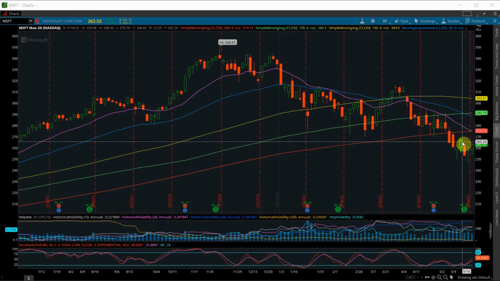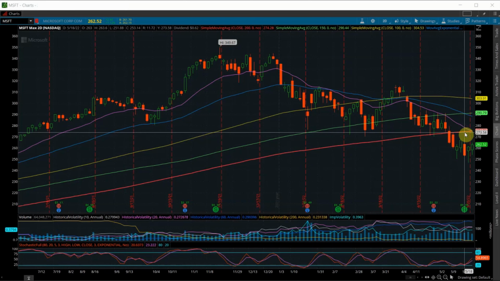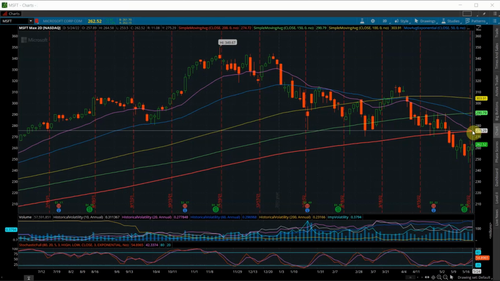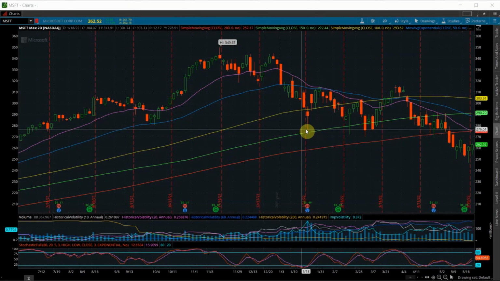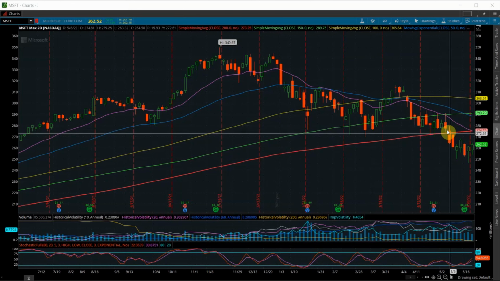Before I move over to the options chain, one thing that I want you to note is that from the charts alone, I do expect the next resistance level to be somewhere around the 275, 276 level. You can see here that historically, this was originally the support level for Microsoft and it has been broken.